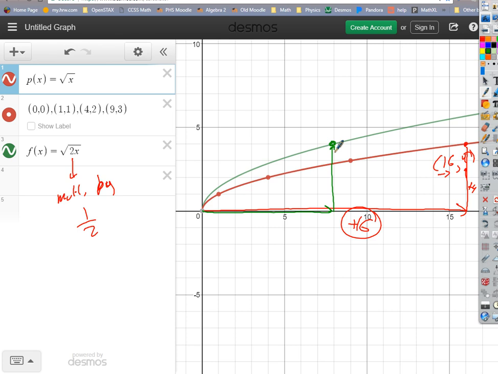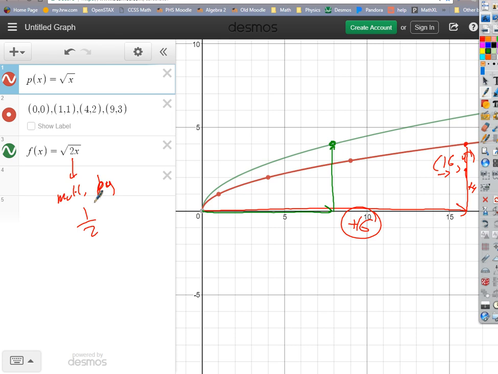Right? Okay, normally, in order to go up by 2 on a regular square root graph, I would have to go over to the right. How far? My input would be what for an output of 2? To get to that point, right? The square root of 4 is 2, right? So I would input a 4 to get out a 2. Coordinates of that point are 4, 2. Where's that point going to be if I dilate it like this? Instead of going over 4, how far am I going to go over? 2. 2, right?